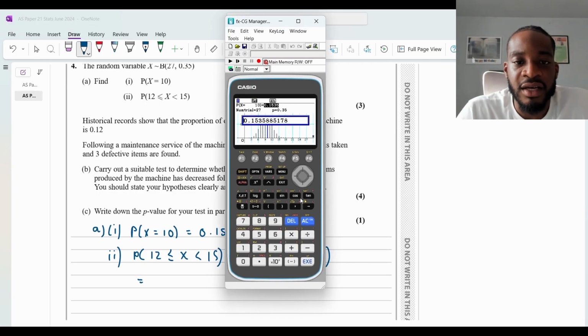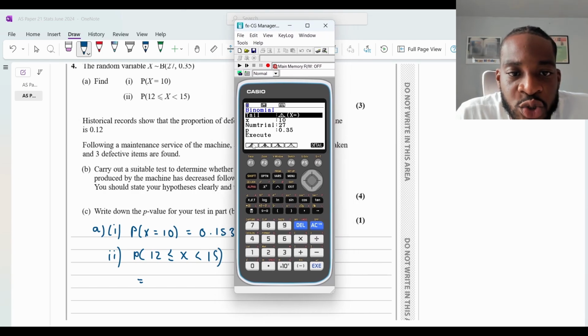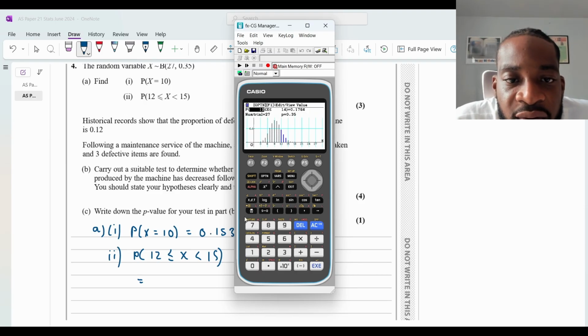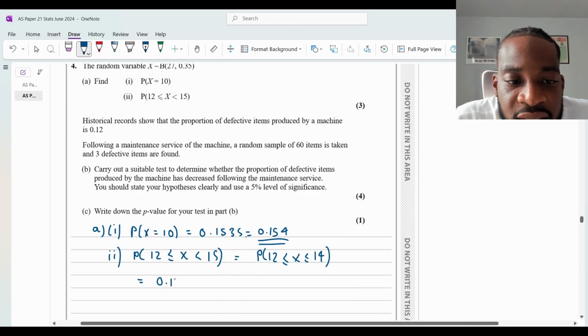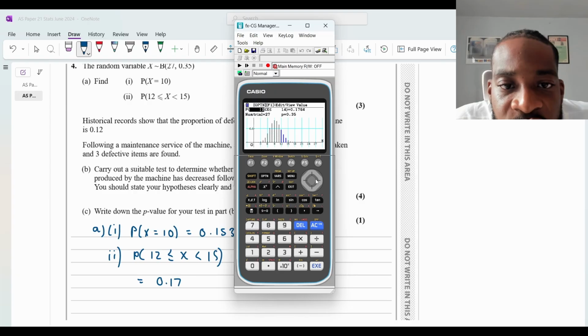I'm going to go back, which is exit, exit, exit, and then exit one more time, execute. Because it's an inequality, a joint inequality is going to be F2. And then now I'm going to plug these in. The lower bound is 12. The upper bound is 14. And we get that number over there, which is 0.17 something. Is that a 9? Let's check it just to be safe.